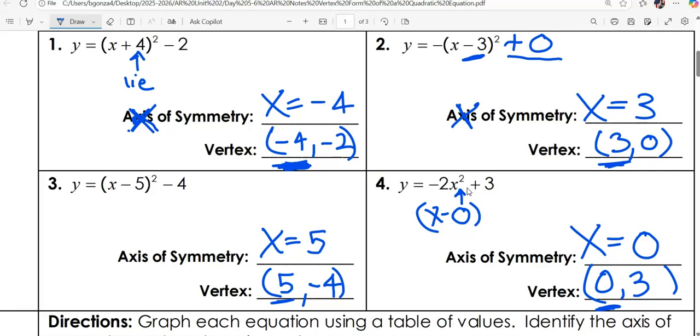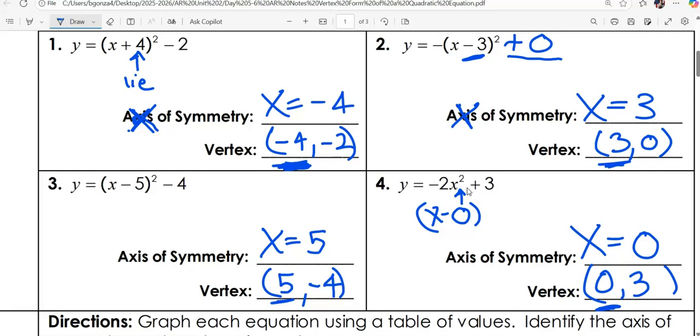Now, what's the other way you can do this? You can type these into Desmos and just click the vertex. You can still do that if you want to, but I'm telling you, you can just see it right here. These are the numbers. So if you prefer Desmos, fine, if it's in vertex form.